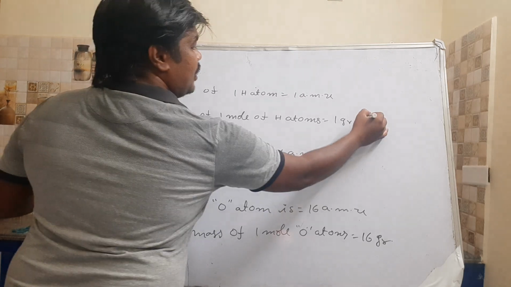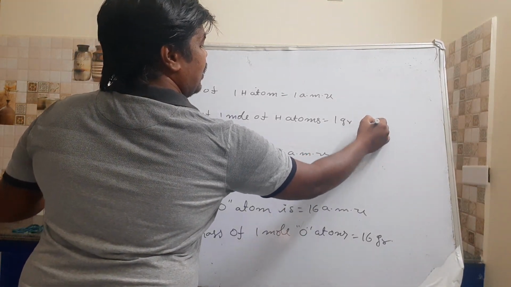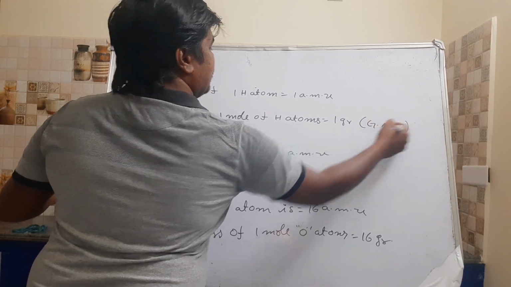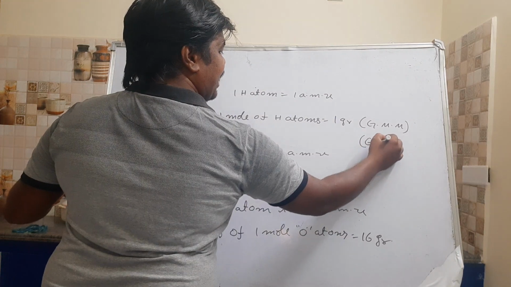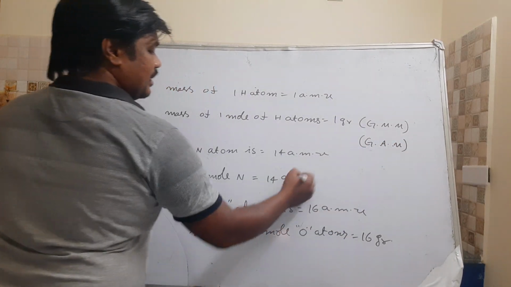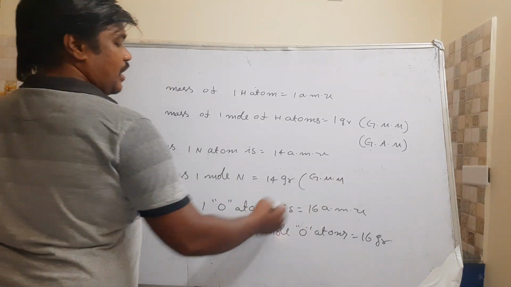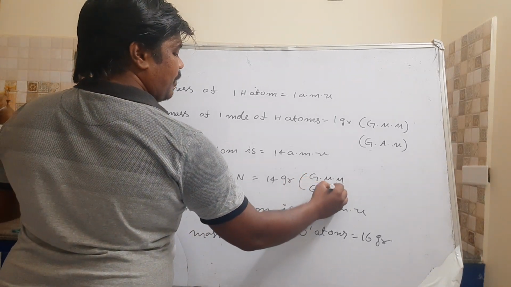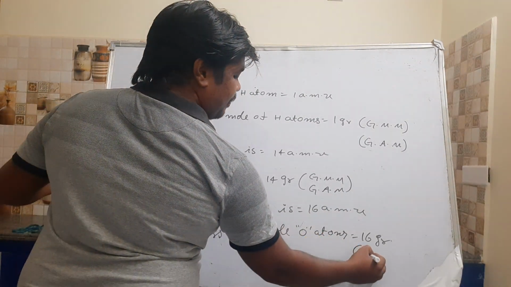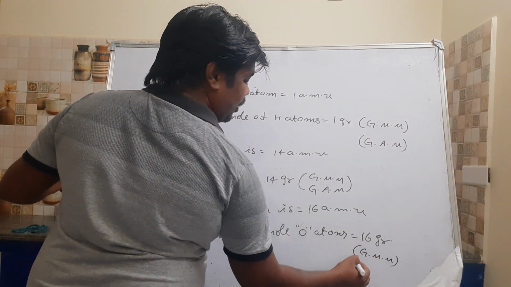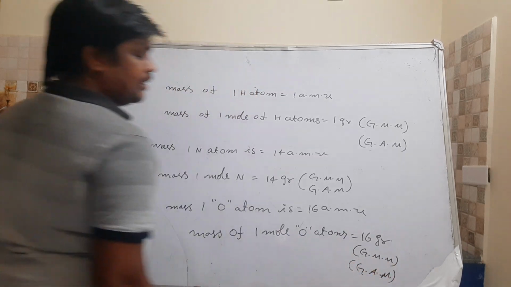This is called the gram molar mass, strictly for an atom, also called gram atomic mass. This is the gram molar mass of the nitrogen atom, otherwise the gram atomic mass of the nitrogen atom. Here this is the gram molar mass of the oxygen atom, or the gram atomic mass of oxygen.